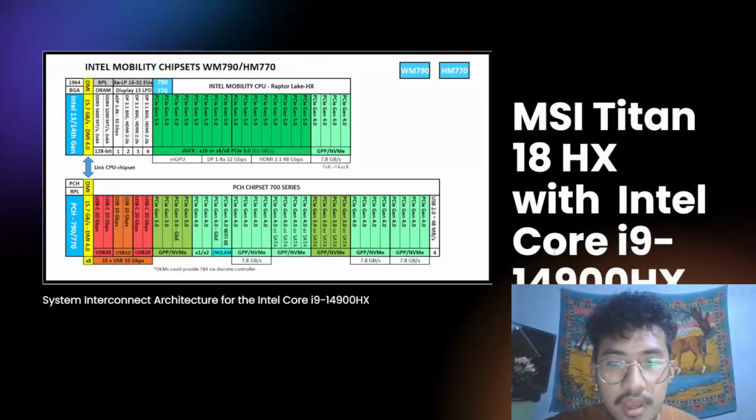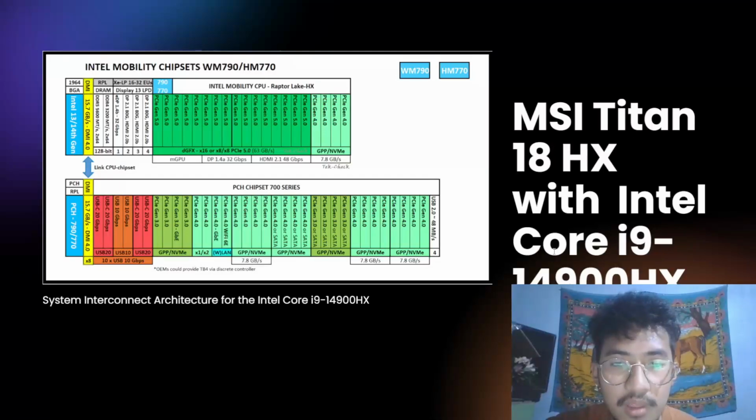Now let's take a look under the system's architecture. This is the system block diagram for the Intel Raptor Lake HX platform. Essentially, this is the schematic map of how the MSI Titan 18HX works internally. We will be breaking this down into three parts to understand the input-output organization. At the top block, the box labeled Intel Mobility CPU represents the i9-14900HX itself.